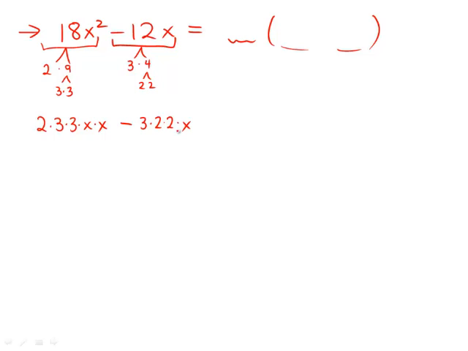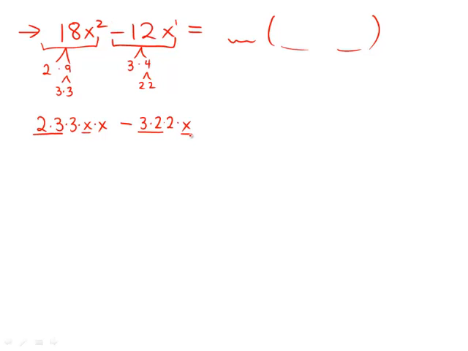So we've broken it down, and you can notice that there are some common factors in both terms. You have a 2 times a 3 in both. So what that tells us is that both of these numbers could be divided evenly by 6. They could also be divided evenly by an x. You'll notice eventually that when you're looking at your variables, you can look at basically the lowest exponent, exponent 1 versus exponent 2.